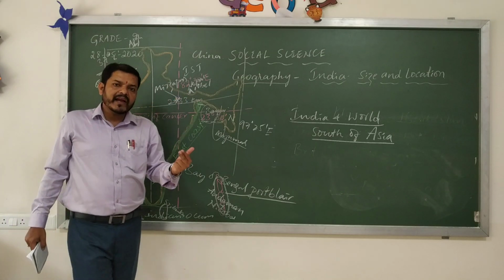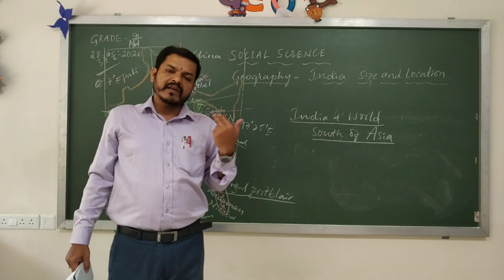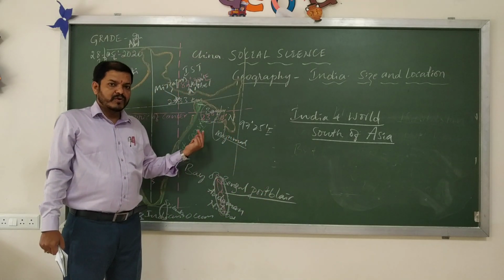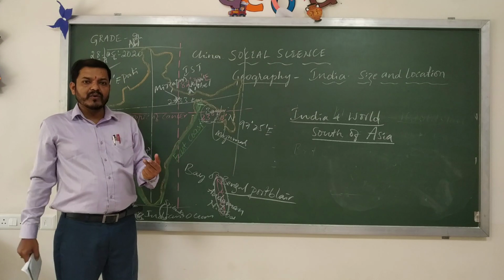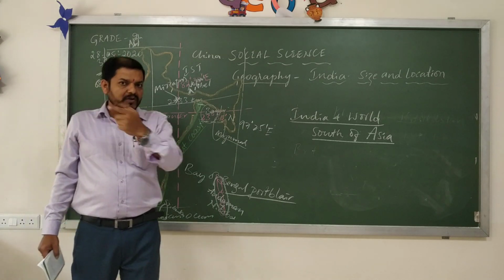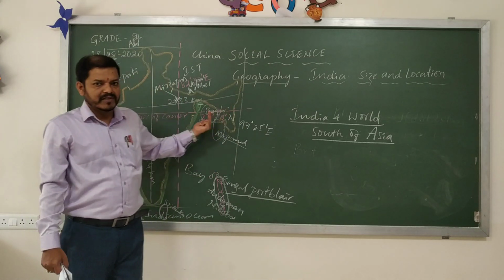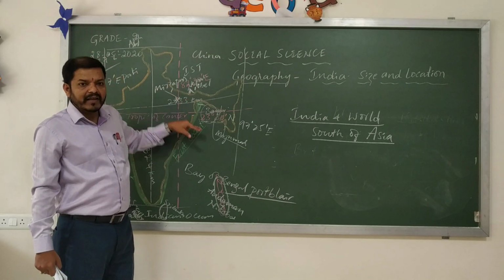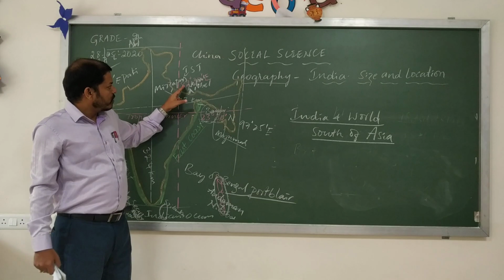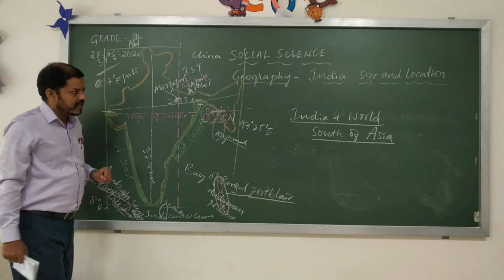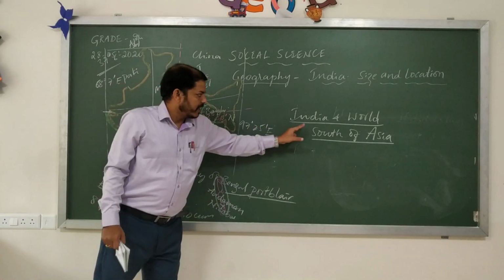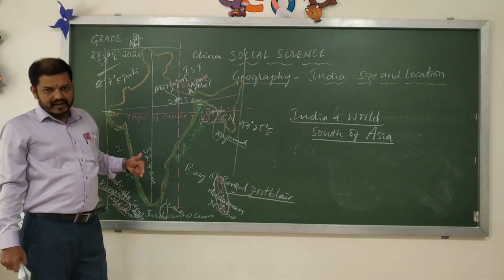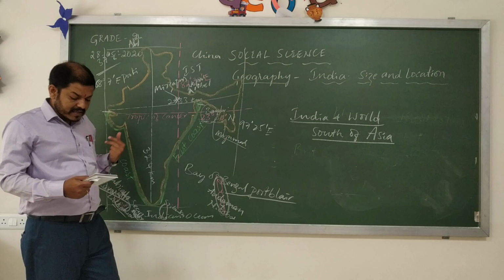So for any economic activities, import and export, Nepal is dependent on India. You might have heard that we need no visa to visit Nepal because of this. They completely depend on our country for their economic activities. These are the neighboring countries of India and the world that we study.